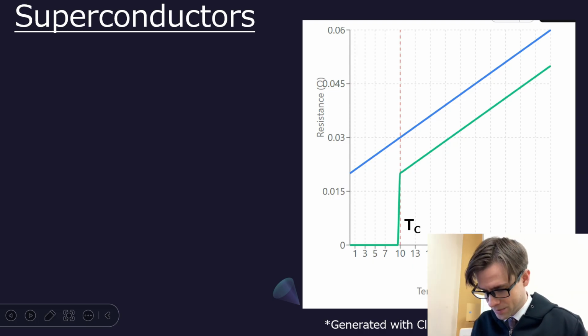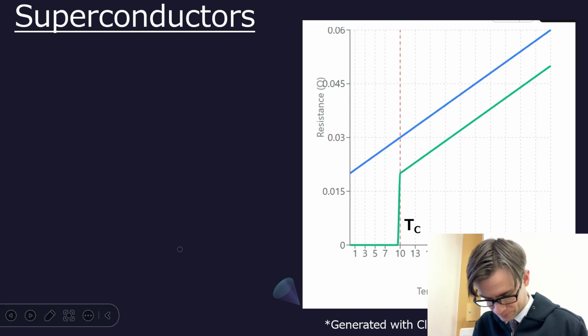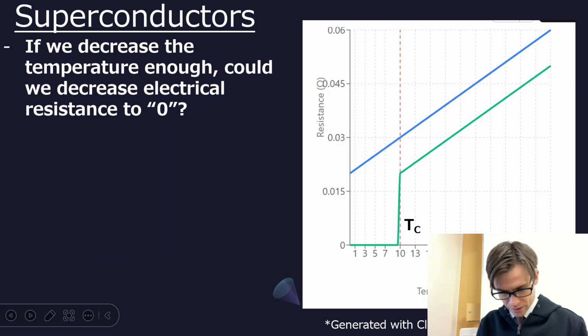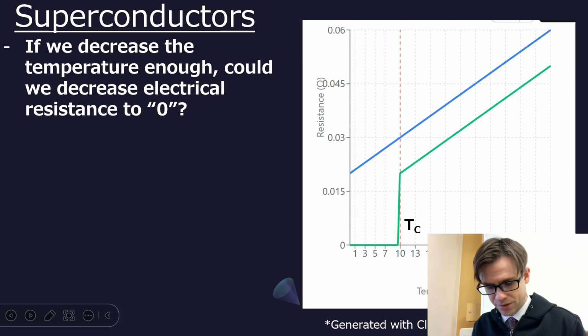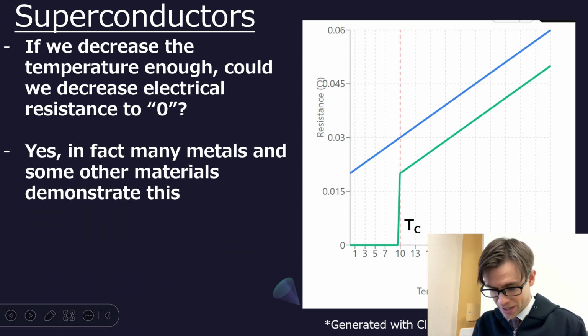It follows the same slope, it's at a slightly different position, but a special thing happens at what's called the critical temperature, TC labeled here. Okay, so if we decrease the temperature enough, could we decrease electrical resistance to 0? It's a great question. Yes, in fact, many metals and some other materials demonstrate this property of superconductivity.